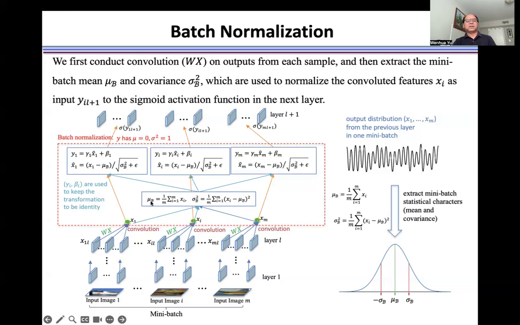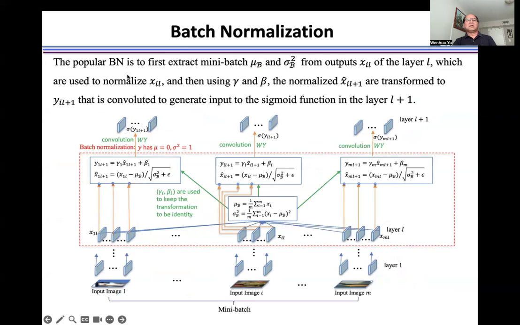And then we use this mean and covariance as a reference to normalize x to x hat. And then we use gamma and beta to transform x hat to y. That is used as an input to the activation function in layer L plus 1.